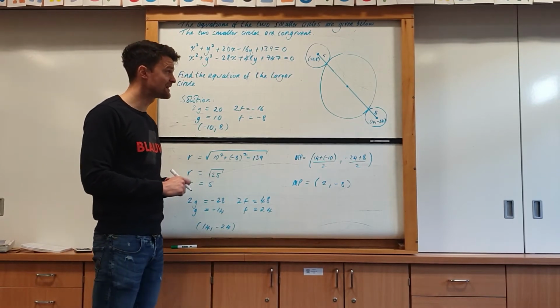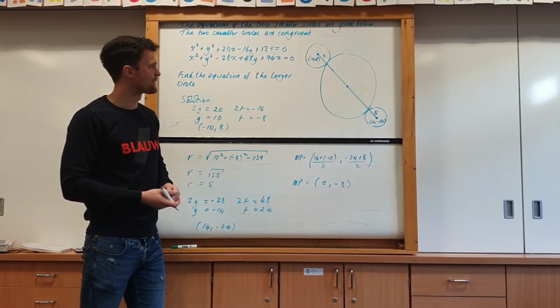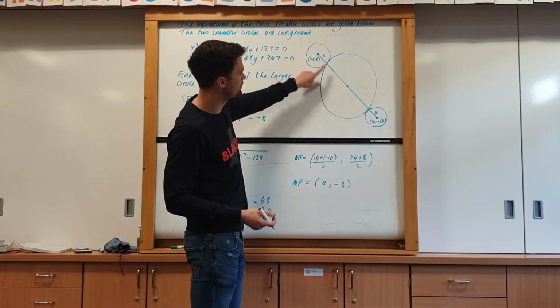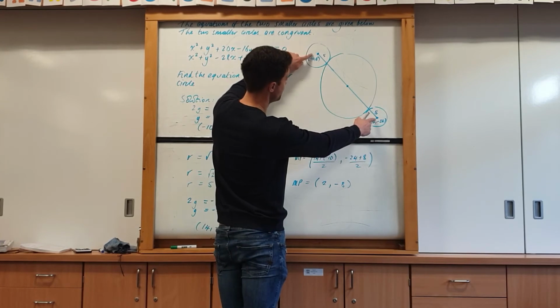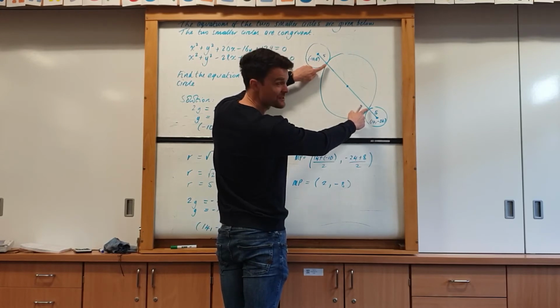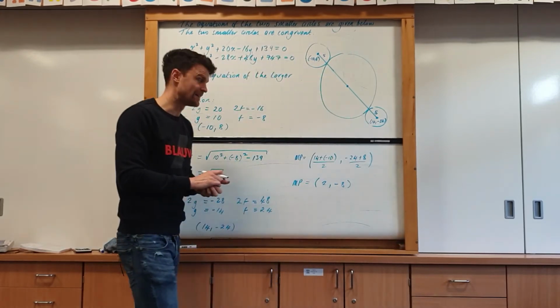The next thing I want is the radius. And again, you might already be seeing how we're going to get the radius. If I find the distance between these 2 points, that's going to give me that length there. If I take away the 2 radii, take away 10, that's going to get me the diameter of the bigger circle, and then obviously just halving that is going to get me the radius.